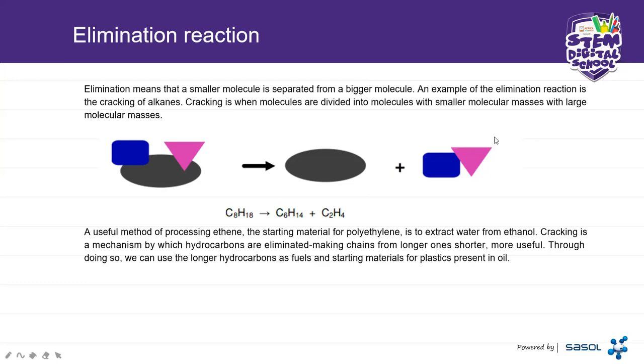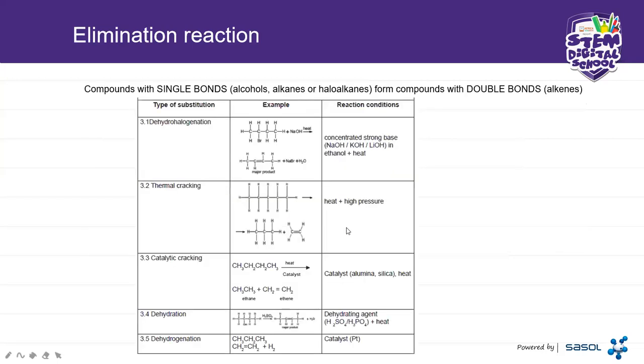So for example, here you've got this long chain and you're going to break it down into two chains. So this becomes more useful. Compounds with single bonds form compounds with double bonds or triple bonds, etc. So from saturated to unsaturated. That is our elimination reaction.